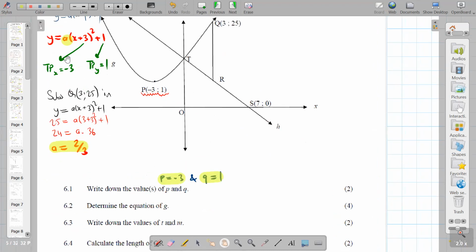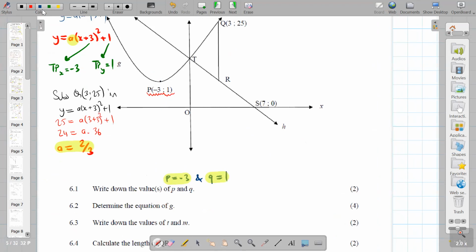So what is the y-intercept of that function? To find T, T is the y-intercept of G and H, both graphs. So you substitute what was G, G of x, as we know, 2 over 3, (x plus 3) square, what else?